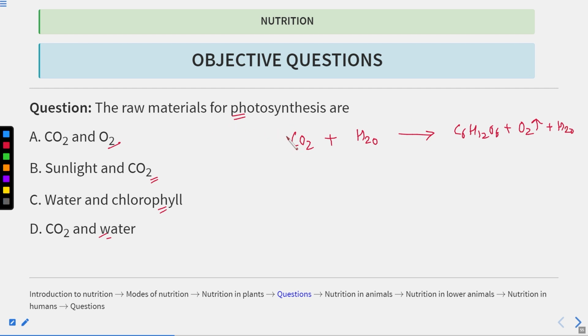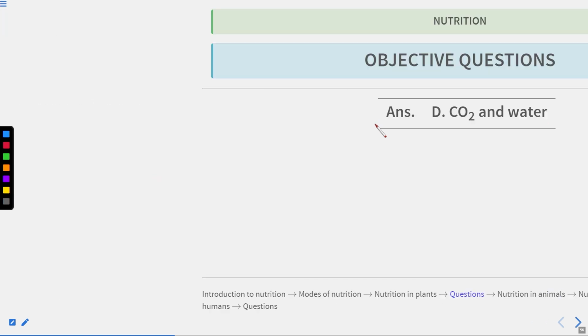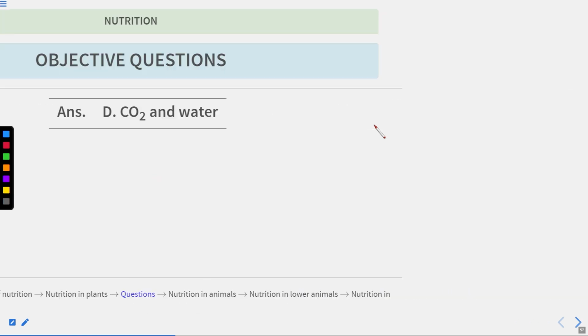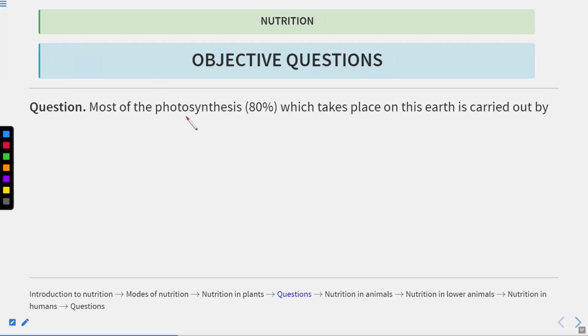This is clear. If you balance this equation, you can write it here. So this is the balanced equation. Here the substrates are carbon dioxide and water. So what should be the answer here? Carbon dioxide and water are the substrates for photosynthesis.